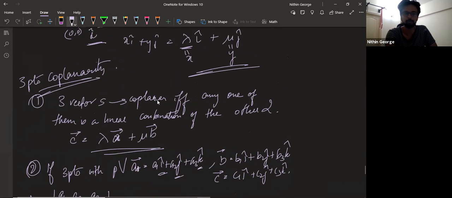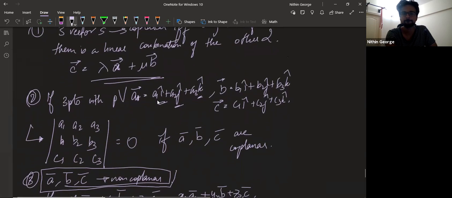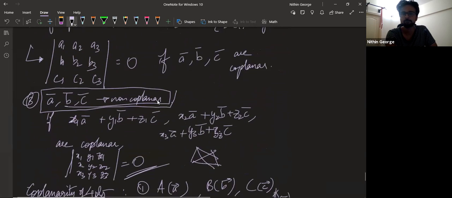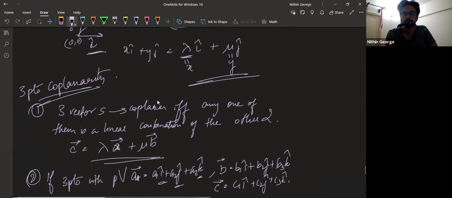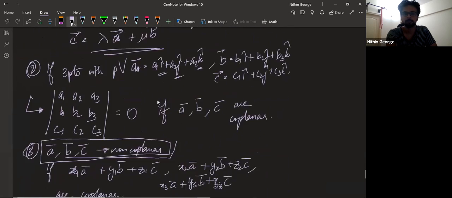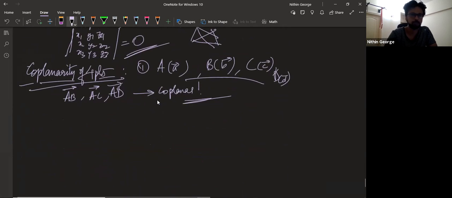How do you check if 3 vectors are coplanar? Just find the volume. Say volume equal to 0, that's when you know they are coplanar. So you find the 3 vectors and directly check if they are coplanar. This is pretty straightforward.